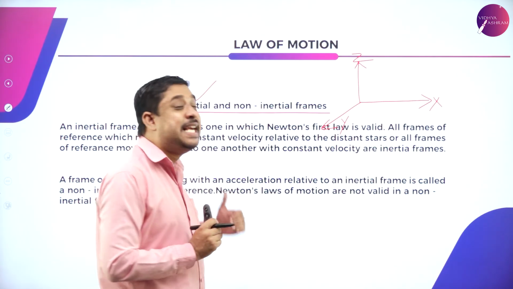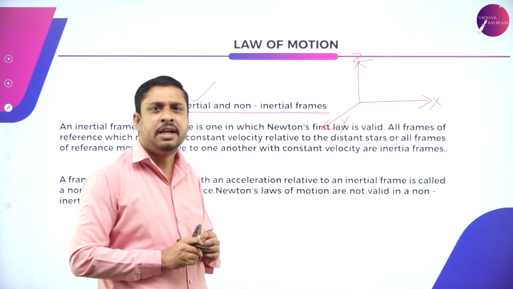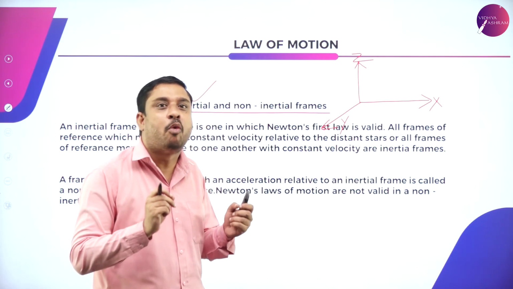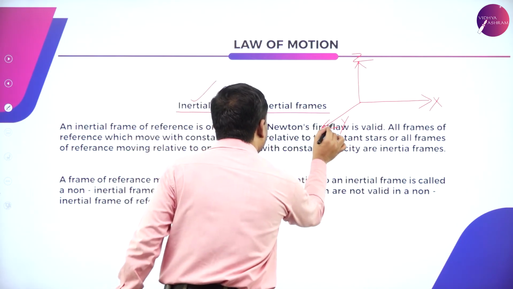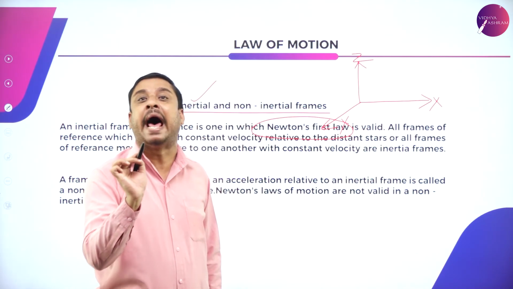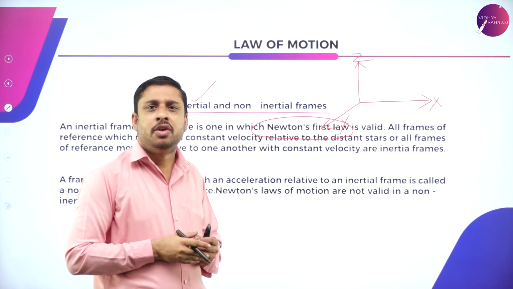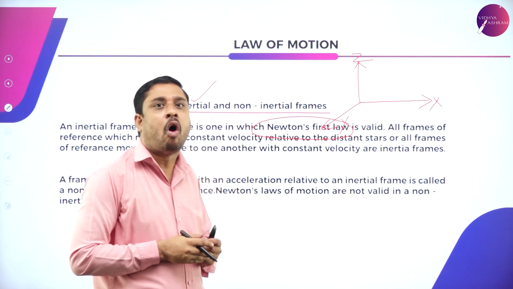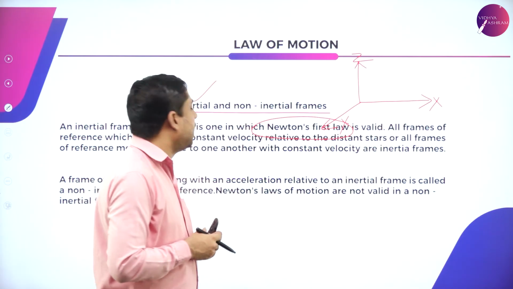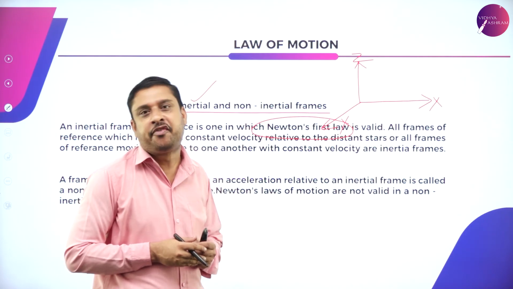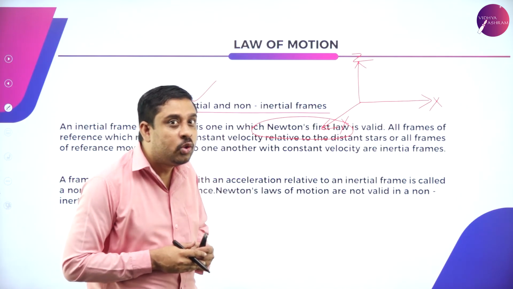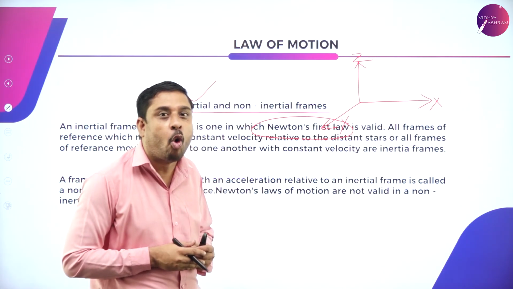Now, what is this inertial frame? Definition says, any frame of reference where Newton's first law is valid, or Newton's first law holds good, is called an inertial frame of reference. A frame of reference where Newton's first law holds good.